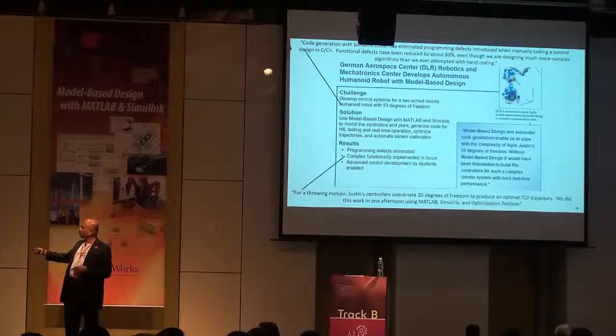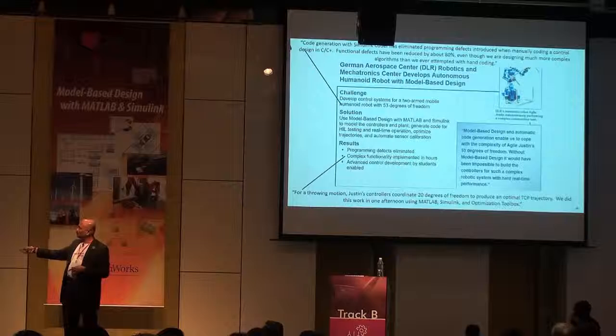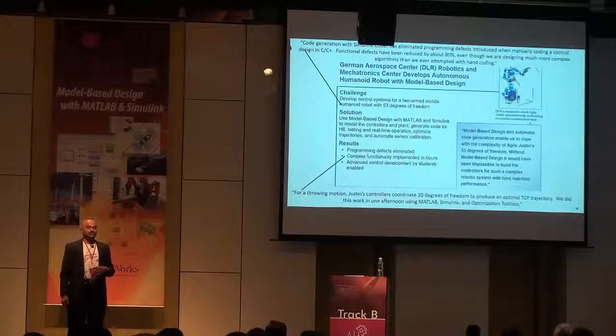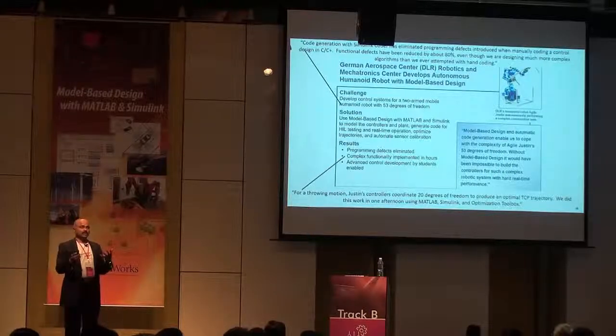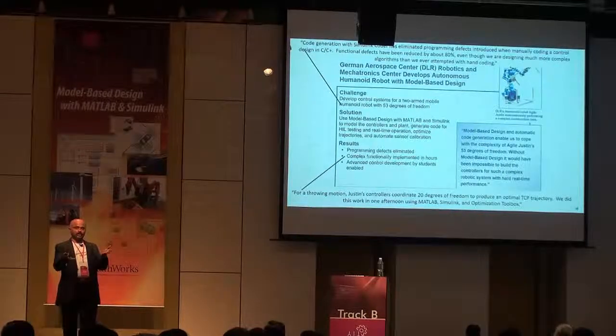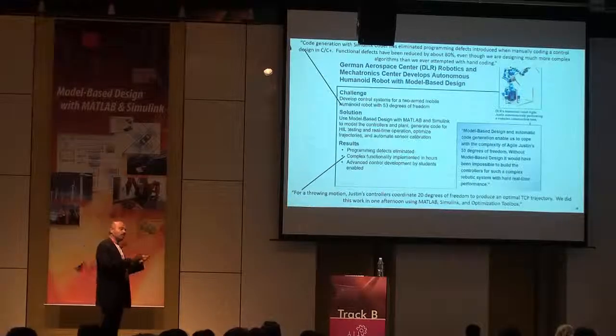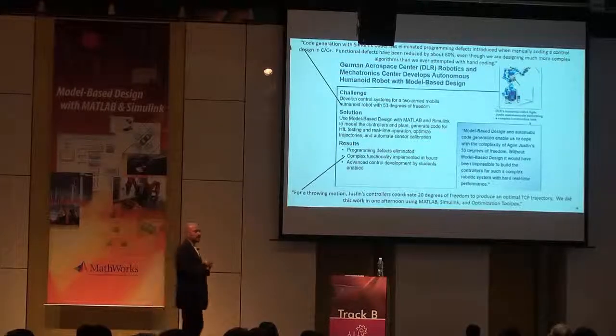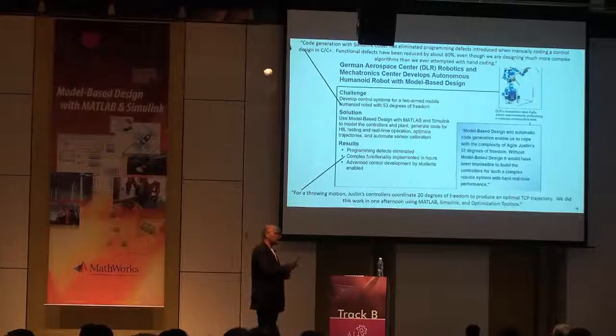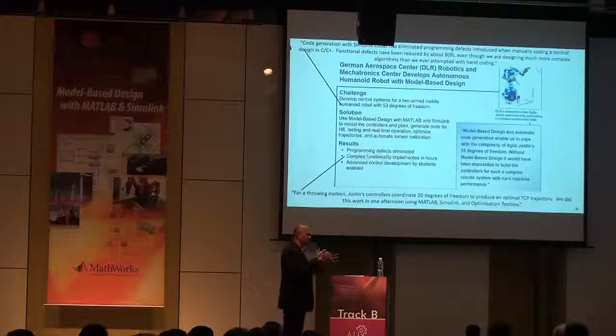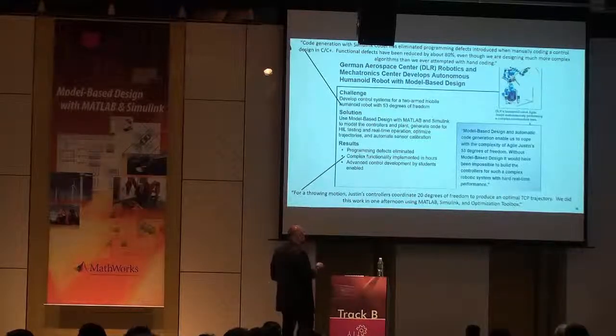All of that work in terms of doing the trajectory planning and the control, they did that work in one afternoon using MATLAB Simulink and optimization tools. So that is the significant power you have at your disposal when you're working on systems like this. That is how you design and develop these complicated systems in the short amount of time that's available.